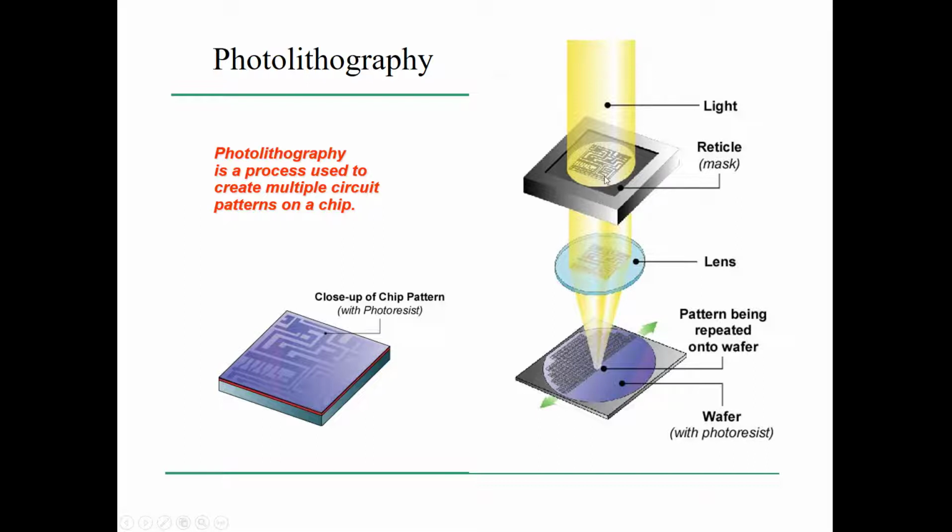So you shine UV light through the reticle, the mask, and just the areas that correspond to the transparent parts of the mask will be exposed. The photoresist that corresponds to the transparent areas of the mask is the photoresist that gets exposed and will become softer than the photoresist that is not exposed.